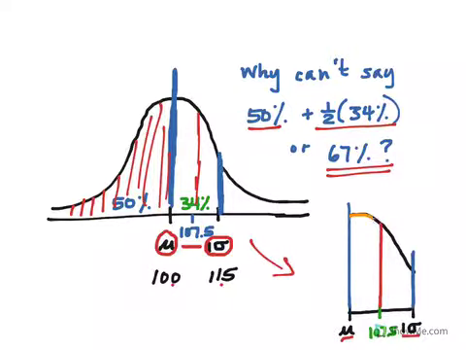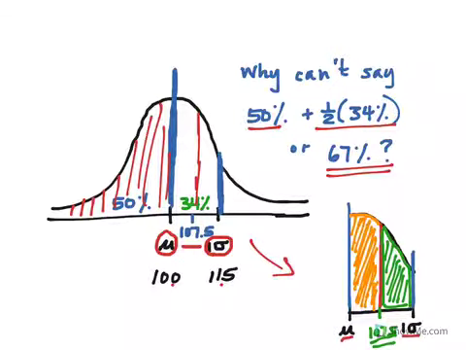The portion from the mean to 107.5 obviously has a bigger area than this portion from 107.5 to one standard deviation. And it's because it's curving. So I can't just say, hey, this is halfway in between, take half of 34, because it's not exactly proportional. There's more of the data in this orange area than there is in the green.